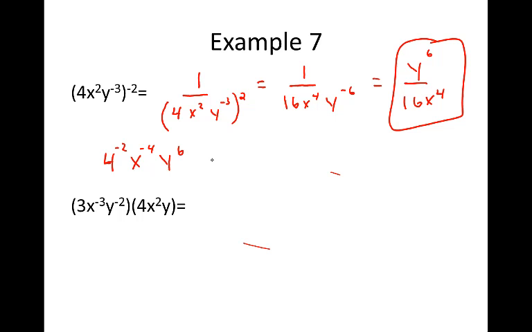Let's rewrite without negative exponents. So that's going to be y to the 6th divided by 4 squared times x to the 4th. And one more time, y to the 6th divided by 16x to the 4th. So about the same number of steps. I don't care which way you do it.